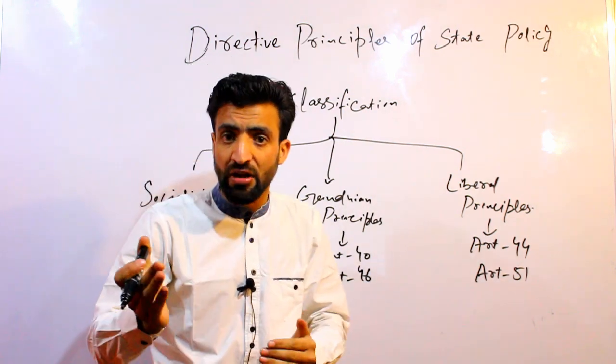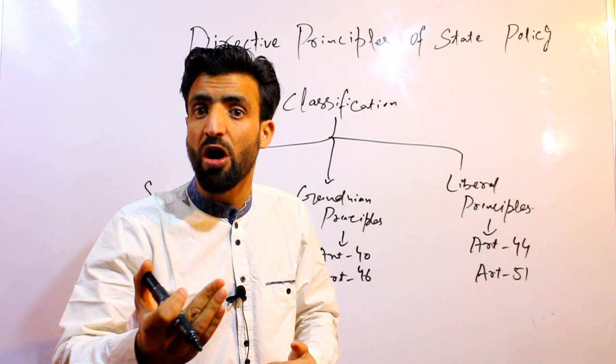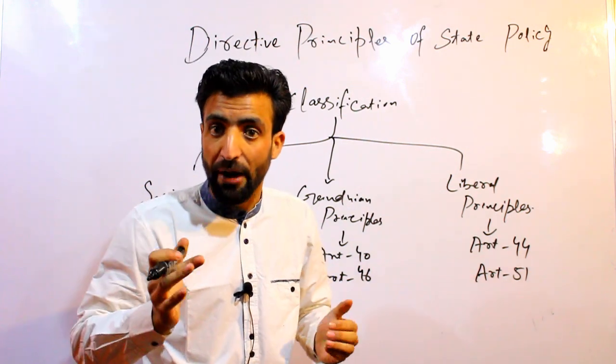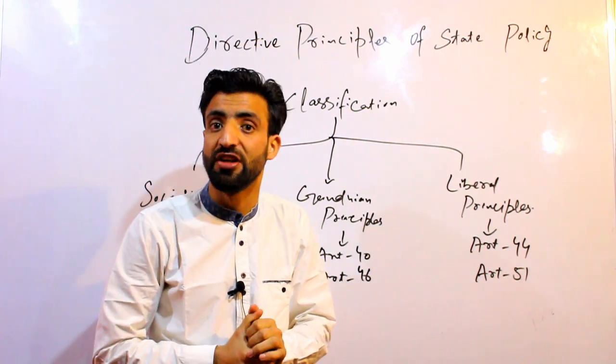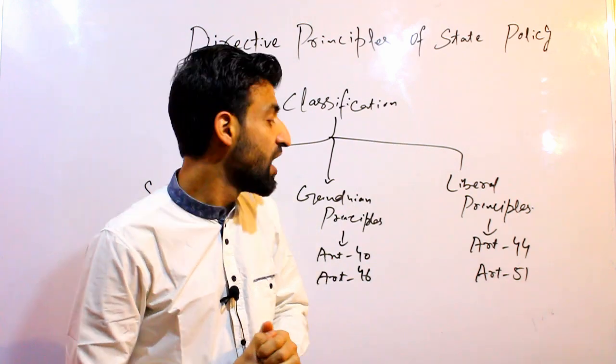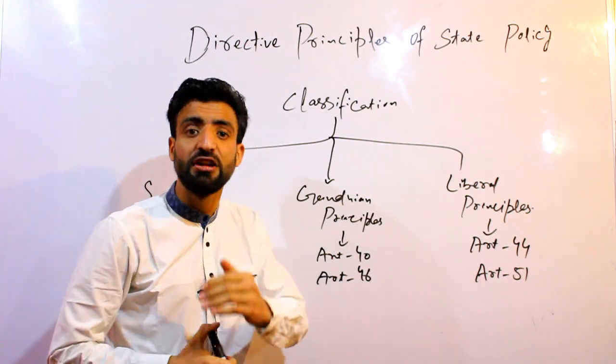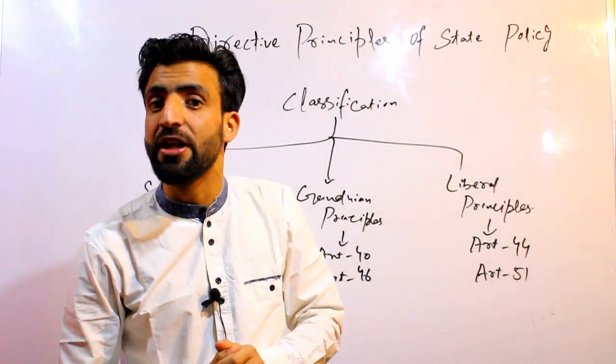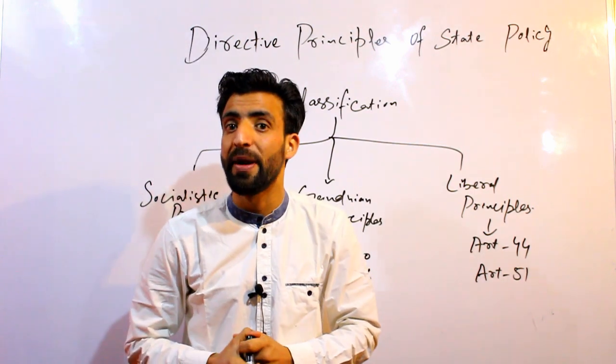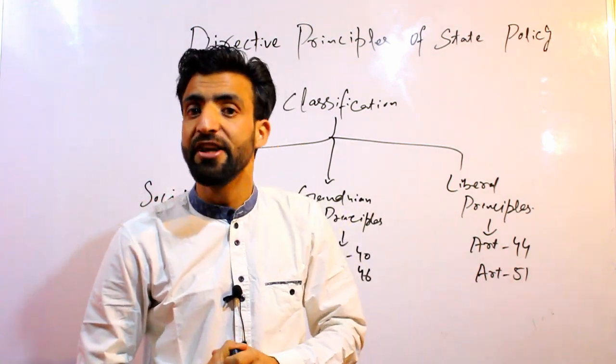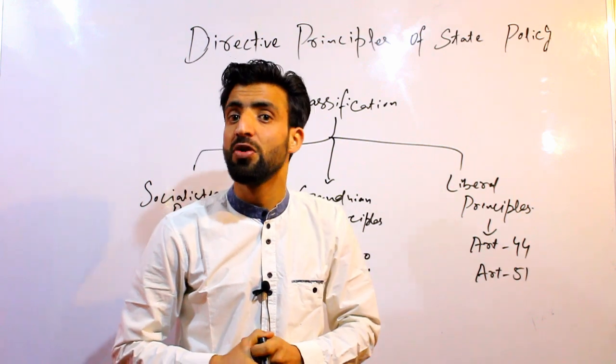And you know, in different government jobs and for admission in educational institutions, there is a reservation policy for these groups. And recently, in 2019, by the 103rd Constitutional Amendment, another provision was added which provides for reservation to economically weaker sections.